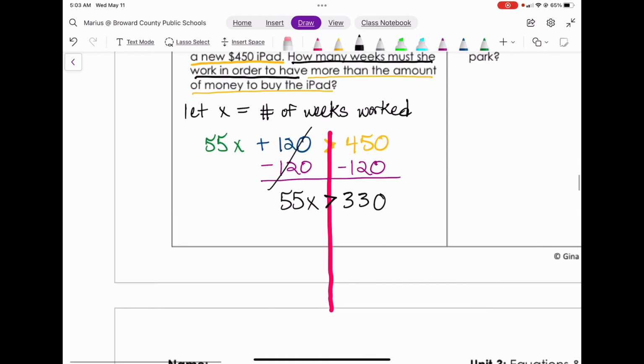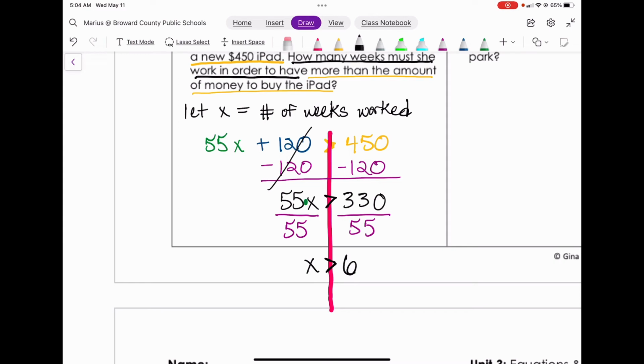Then we want to do the inverse of multiplication. Remember that this right here, 55x represents 55 times x. So if we do the inverse, or the opposite of multiplying, we would be dividing. So we're going to divide both sides by 55. And since we're dividing by a positive, the symbol stays facing the same way. So we're going to have x is greater than, and when you work that out, that is going to become 6.